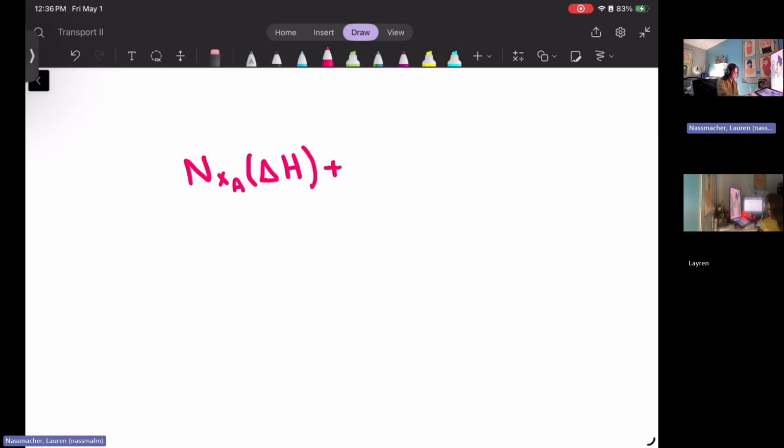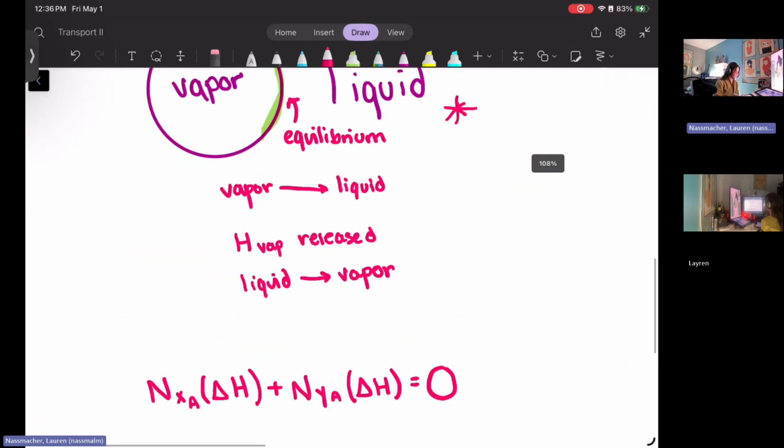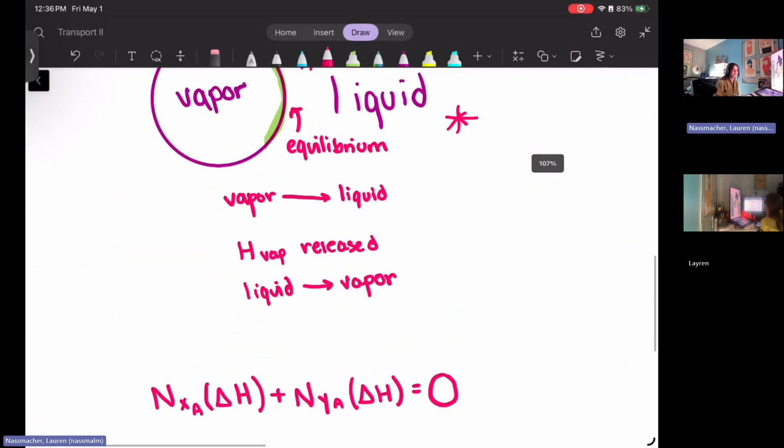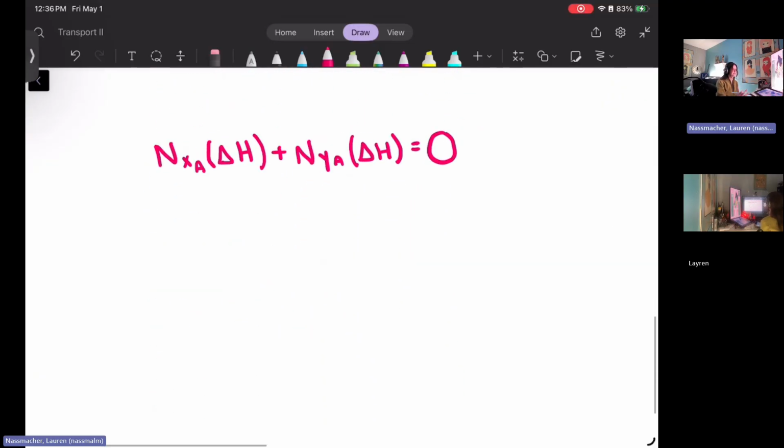We're going to add this to our molar flux of our vapor phase of component A, multiplied by our change in enthalpy. This should equal 0, right? We just discovered that it's an equilibrium. The liquid will become vapor, the vapor will become liquid, enthalpy will be released, and it becomes 0.